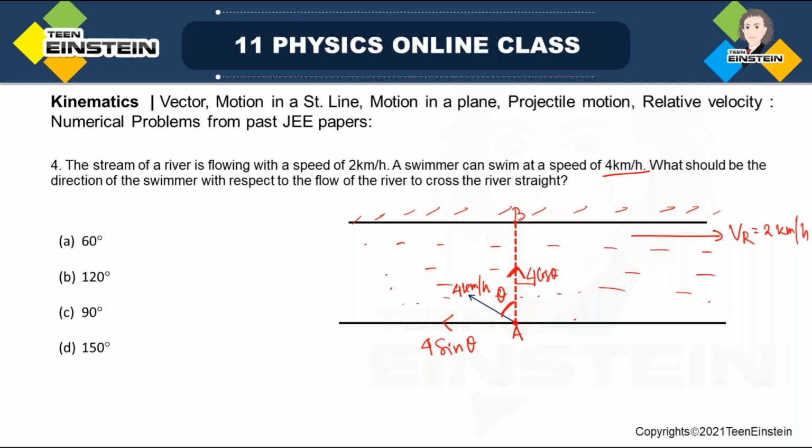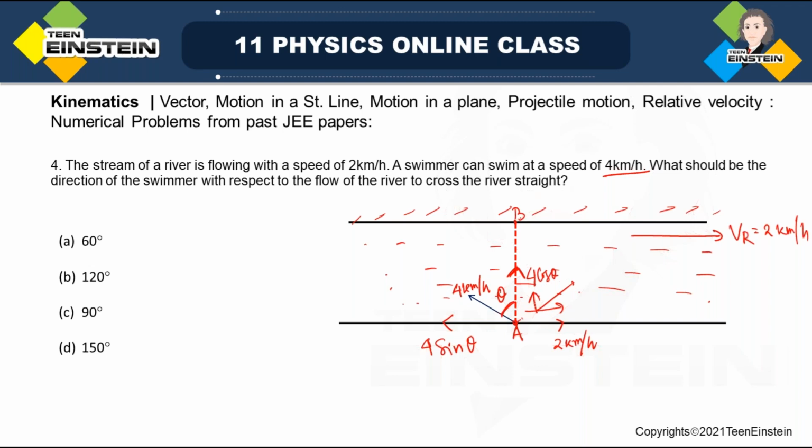Now there is a velocity of the river water in this direction. Okay, so opposite to the 4 sine theta component. Now look, if this swimmer has to straightway go from A to B, then this horizontal velocity should not be there. If there is a horizontal velocity, then there will be motion along this direction also and along this direction also. Ultimately it will not reach this point directly.